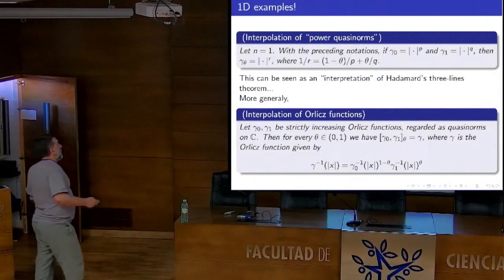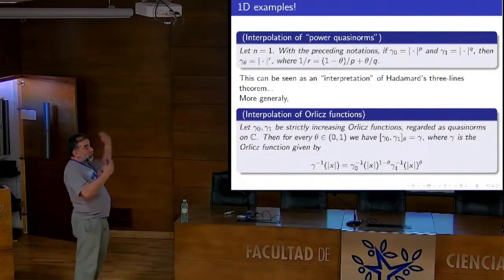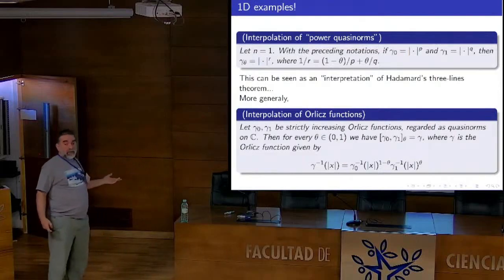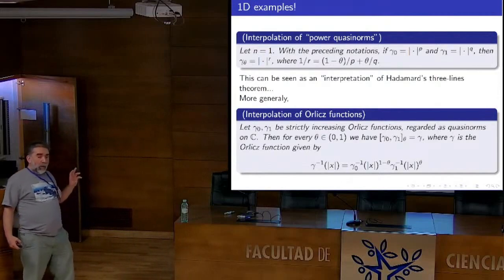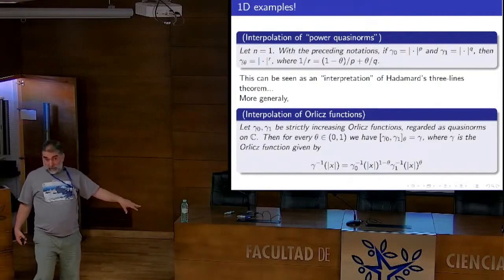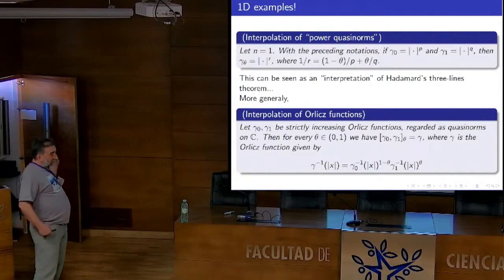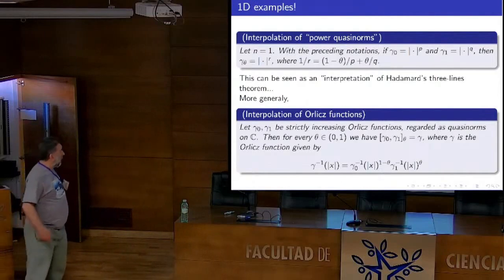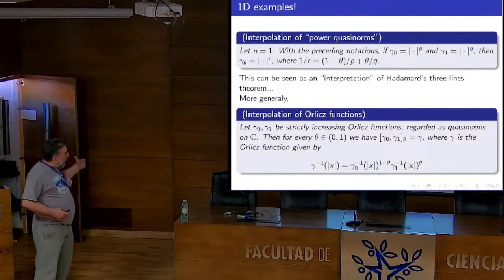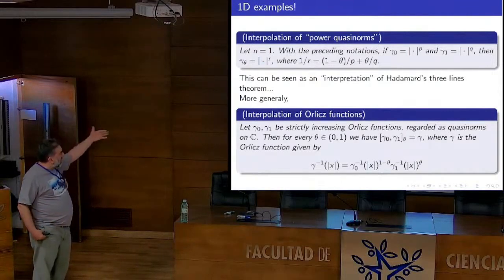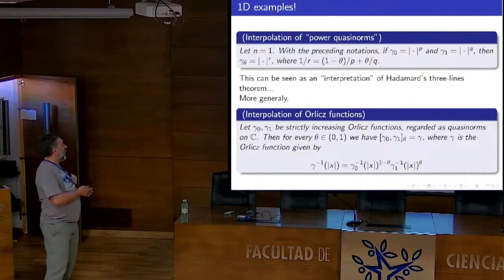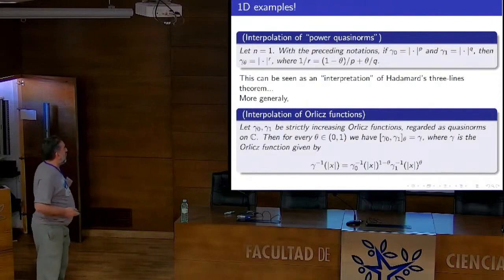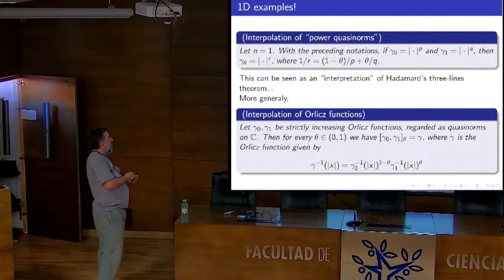But still in dimension 1, you can interpolate Orlicz functions, which are quasi-norms on the complex plane. And again, you get what is expected. That is, interpolating strictly increasing Orlicz functions that we see as quasi-norms, we obtain a new Orlicz function, which is given by this formula.